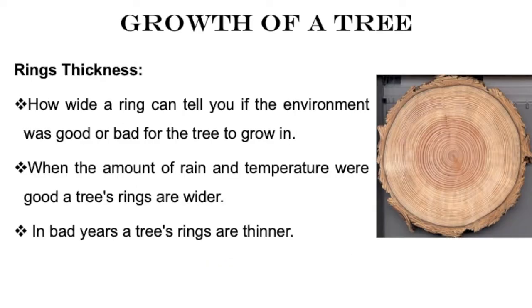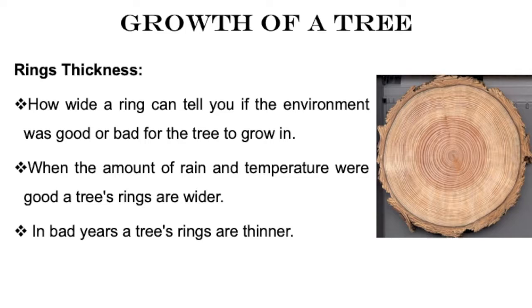And the rest of this just shows you the structure of a tree from the outside to the inside. Then, in terms of thickness, the rings tell us the conditions under which the tree grew. So if the conditions were bad, that is translated into the tree by having thinner growth rings.